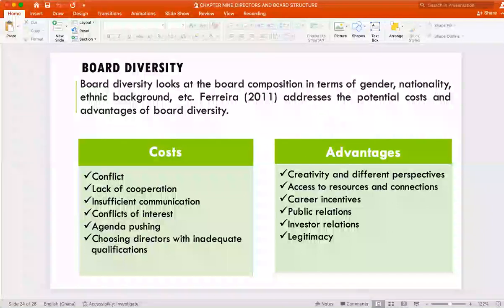It could lead to access to resources and connections. All right. Maybe just to take political parties, for example, right? NPP is known more to be an Akan group and stuff like that. Akan political party and so on and so forth.